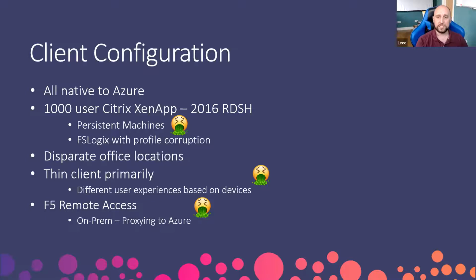I have nothing against thin clients, they're great tech, but I'll dig into that in more detail in a bit. So the F5 remote access solution, like I say, that's sitting on-prem. The users come in through an external IP there, and then they go through a VPN tunnel up to Azure to get to their session servers, which was a little bit of an awkward way of doing it.